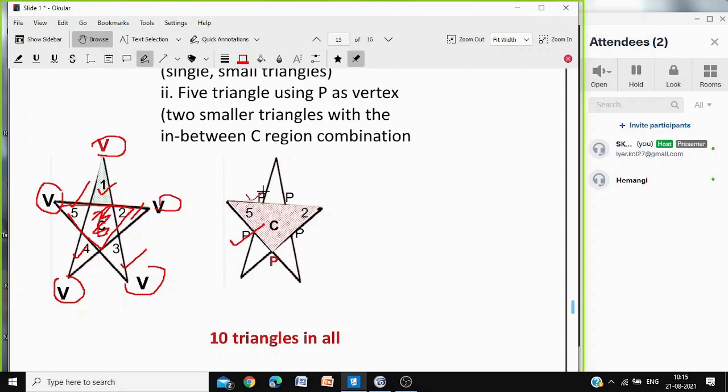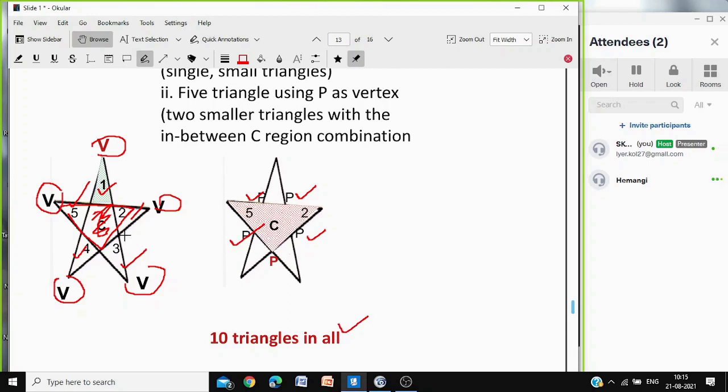Using this P you can get 1 triangle. Using this P you can get 1 triangle. Using this P you can get a triangle. That means again you will get 5 triangles. So using V as vertex 5 triangles and using P as vertex, taking the 2 triangles and the central region, 5 triangles. So you get 10 triangles in all. Got it?